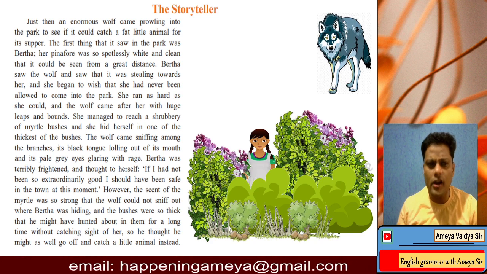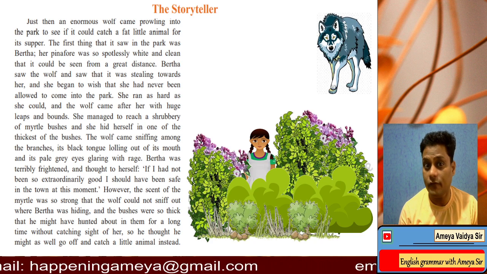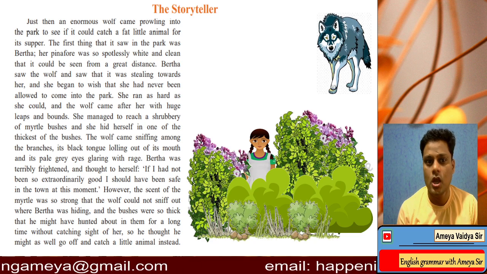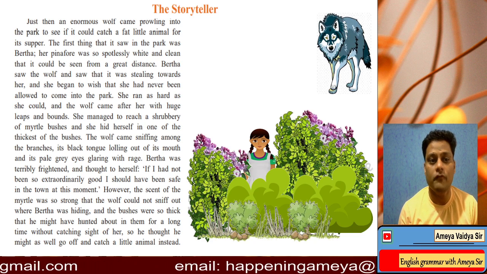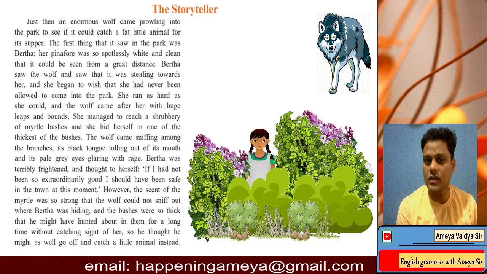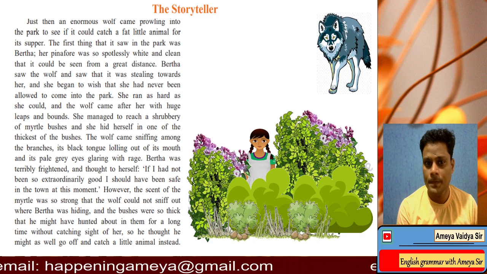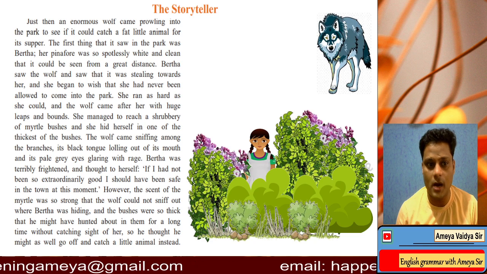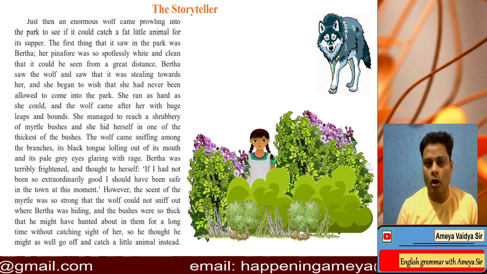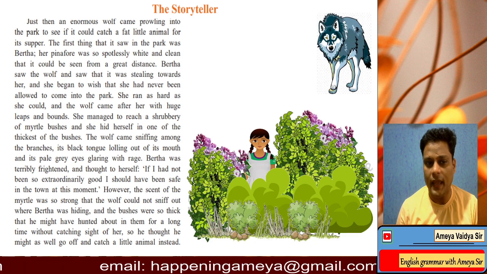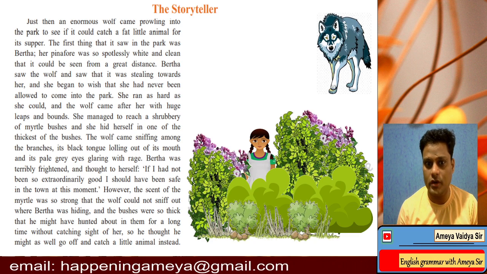She ran as hard as she could, and the wolf came after her with huge leaps and bounds. She managed to reach a shrubbery of myrtle bushes, and she hid herself in one of the thickest of the bushes. The wolf came sniffling among the branches, its black tongue lolling out of its mouth, and its pale grey eyes glaring with rage.